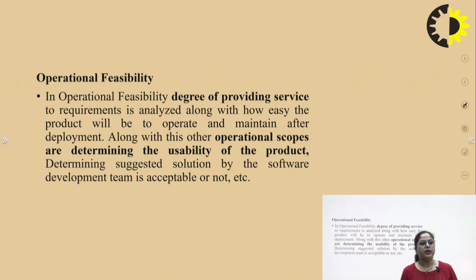Operational feasibility: here we are testing which type of services we are providing through the software, the degree of providing services to the requirements in analysis, along with how easy the product will be to operate and maintain after deployment.